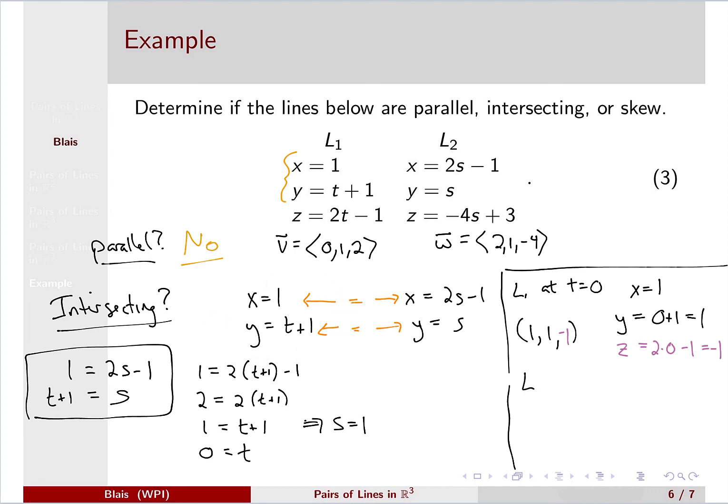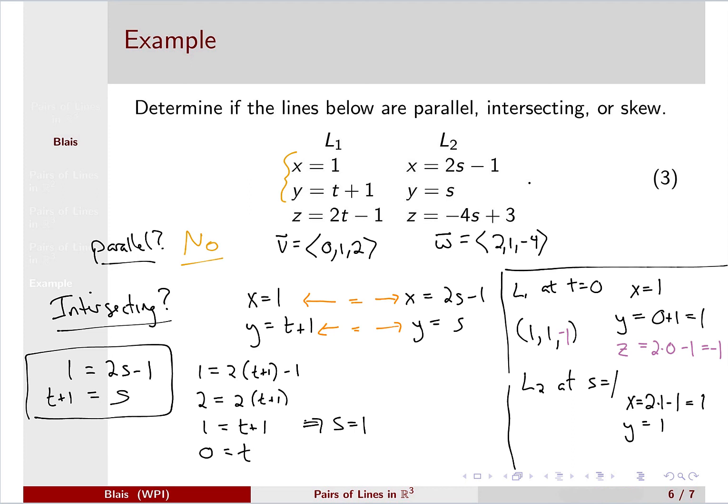But it's the z coordinate that we're curious about. So at time s equals 1, let's check where we are on L2. For the x-coordinate, we have 2 times 1 minus 1, or 1. For the y-coordinate, we have 1.